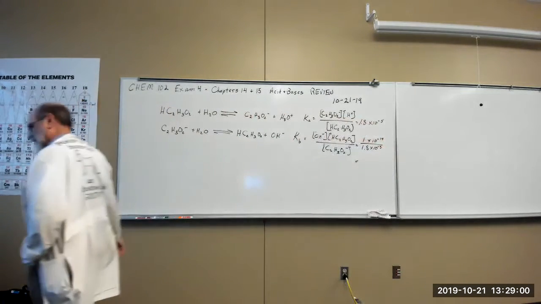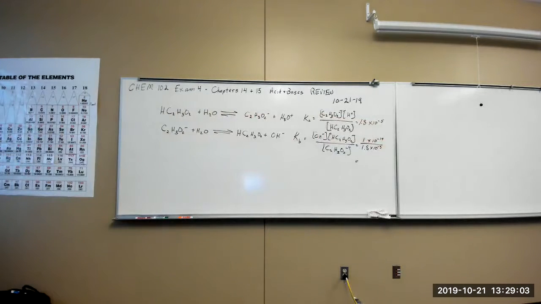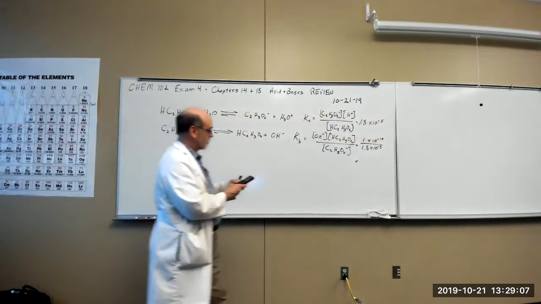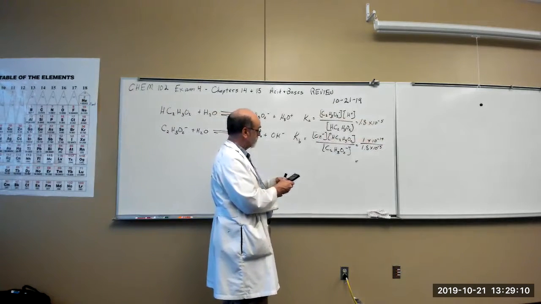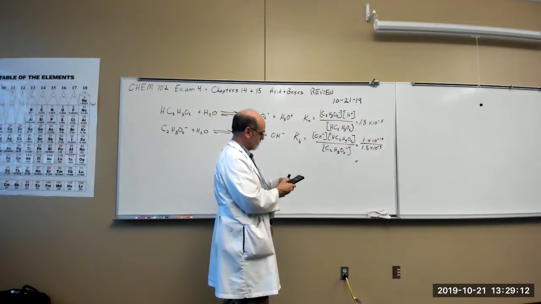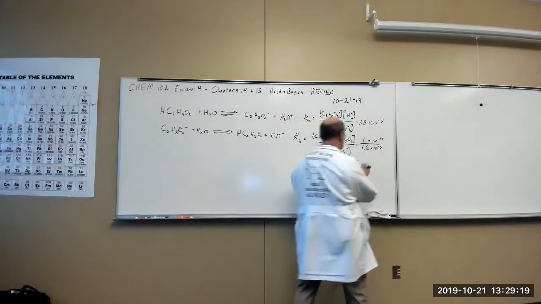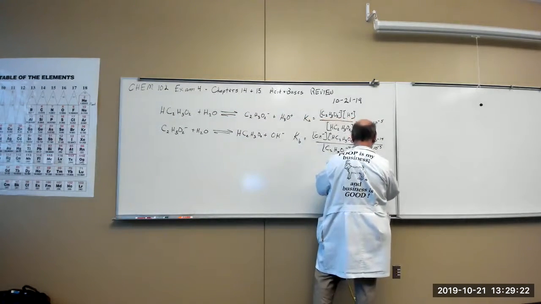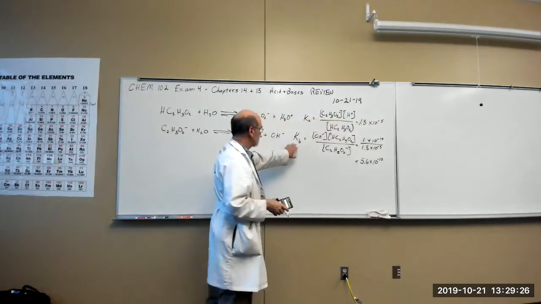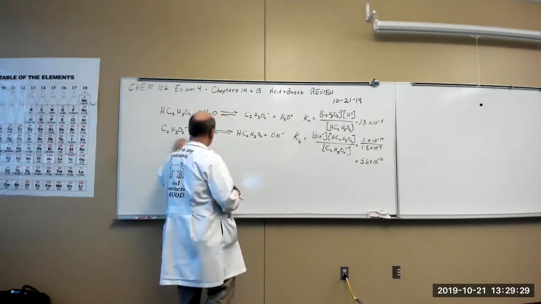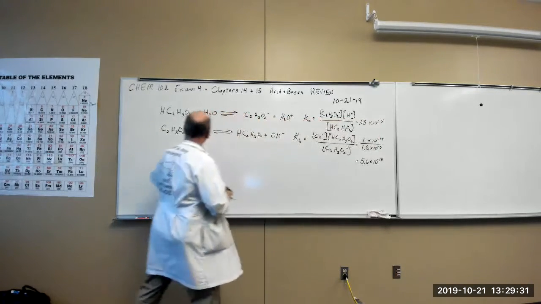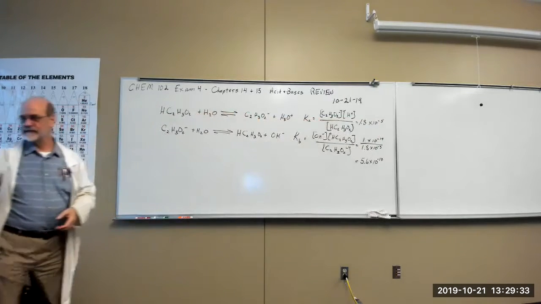And let's see, where's my calculator? It's over here. And I get 5.6 times 10 to the minus 10 would be the equilibrium constant for this reaction, the basic reaction of the acetate ion. Okay?